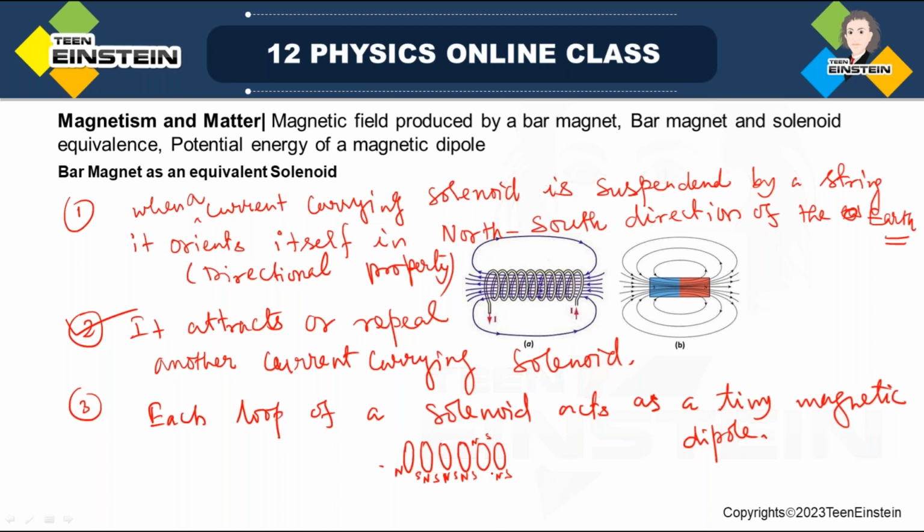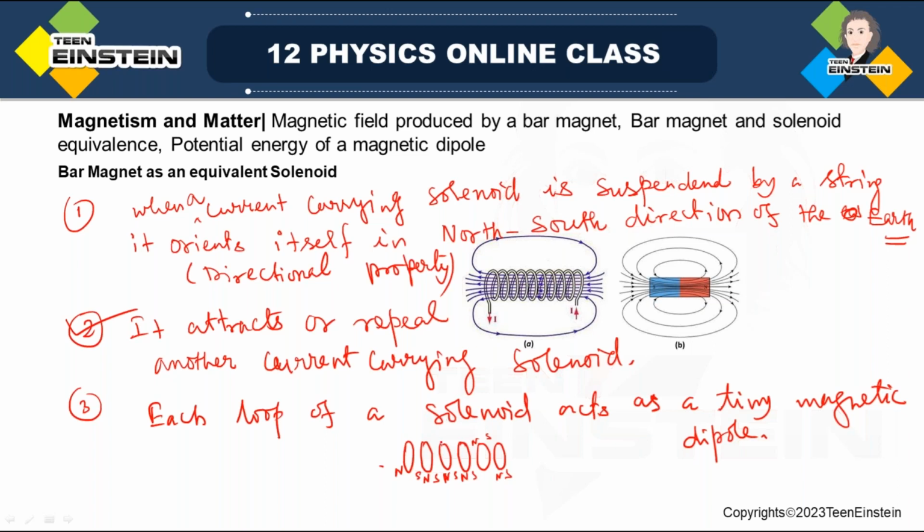So you can see each will produce some magnetic field on the axis, and all of them together will produce a strong magnetic field.